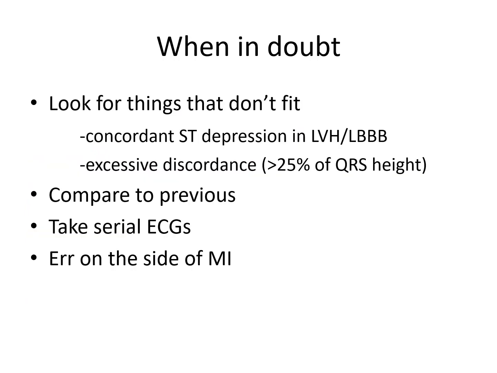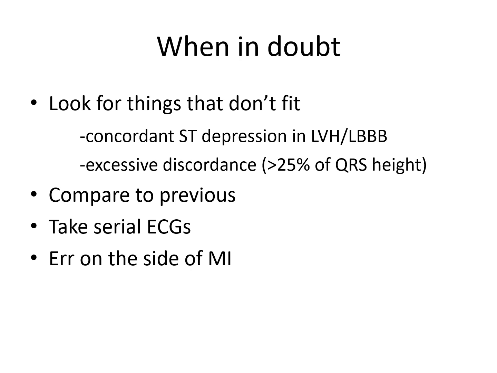When in doubt, look for things that don't fit. So if you, for example, have LVH and LBB and you see concordant ST changes, so an upright QRS with ST elevations or a downward QRS with ST depressions, that is a problem. That shouldn't be like that, and it should raise your eyebrows. Second is, look for excessive discordance.